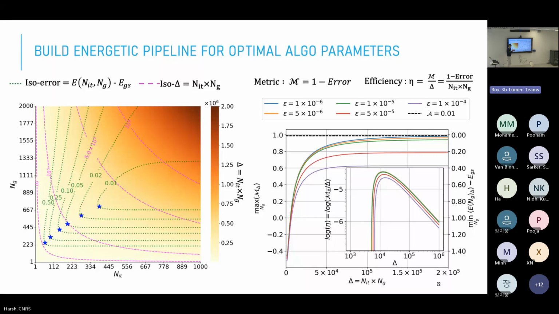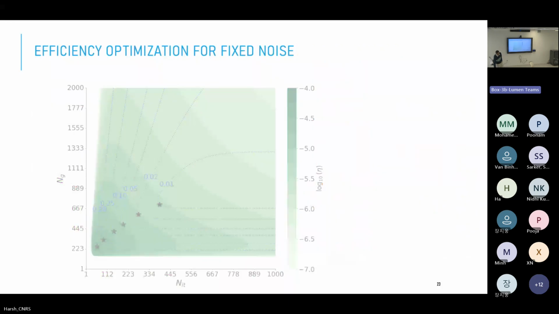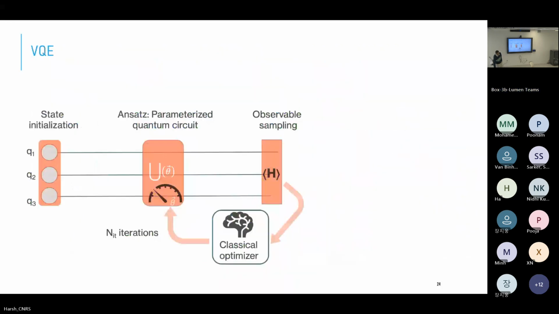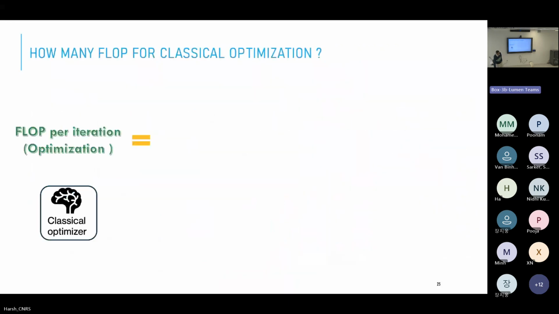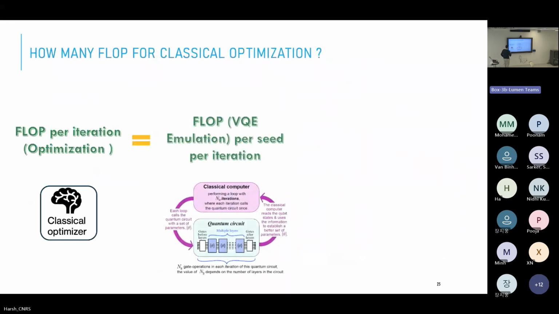You assume that your circuit minimally represents any kind of hardware or any kind of setting, and then you implement this. The second part is, what if we have to assign values, to say how costly the gates actually are when you implement them and how costly the iterations are. That I showed in the second part, where first we benchmark how many flops are required for classical optimization.